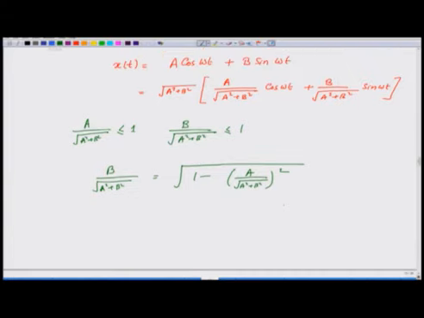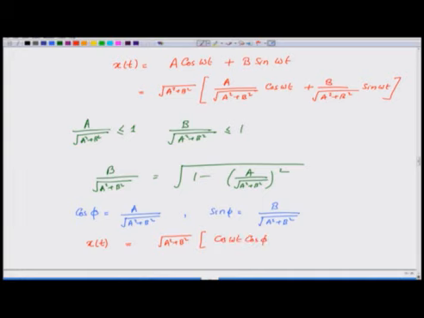So, I can write cosine of phi equals a over square root of a square plus b square, and sine of phi equals b over square root of a square plus b square, and therefore x(t) is equal to square root of a square plus b square times cos of omega t cos of phi plus sine of omega t sine of phi, which is nothing but square root of a square plus b square cosine of omega t minus phi.